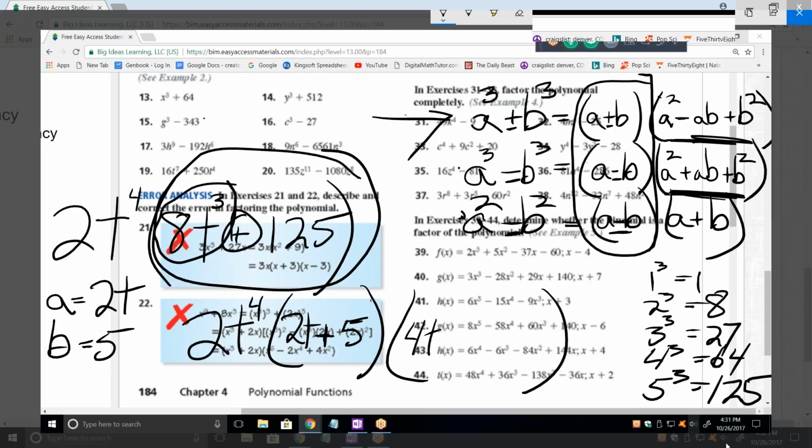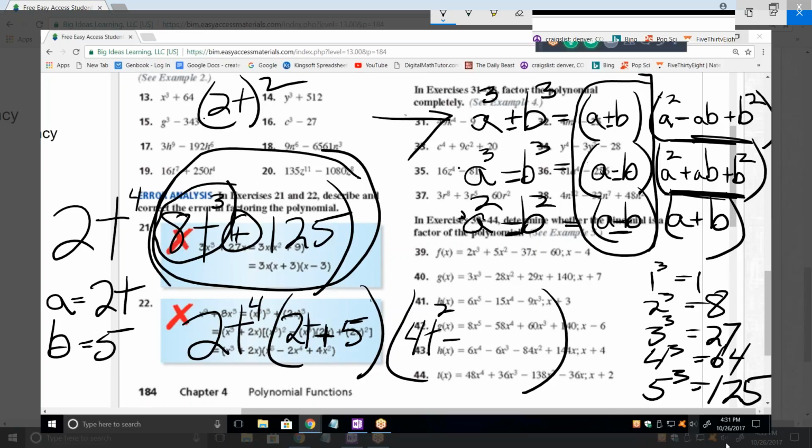4t squared. In other words, when you said 2t squared, it was in parentheses like that, so that comes out to be 4t squared. And then what else? Minus. The sign is always opposite the first one.